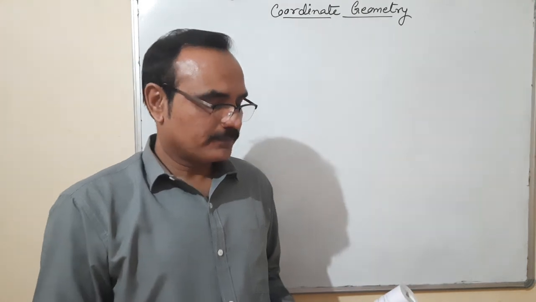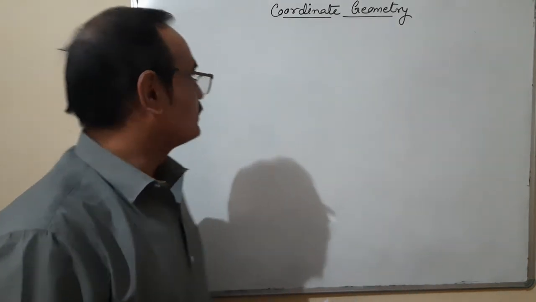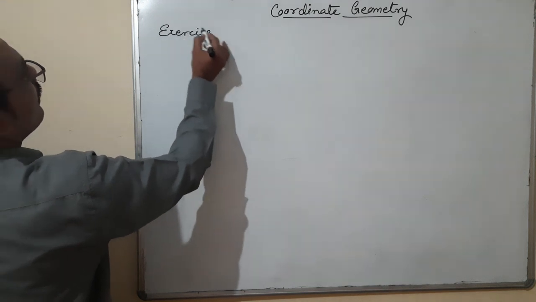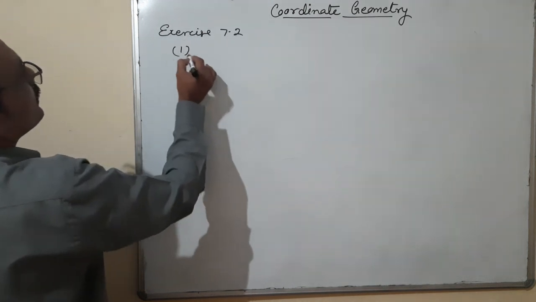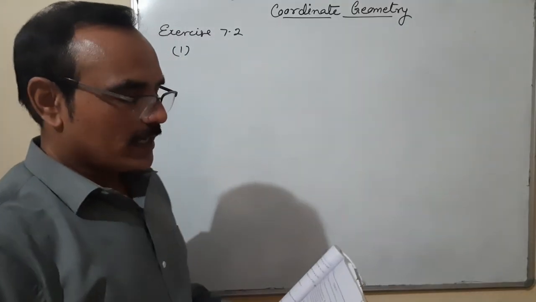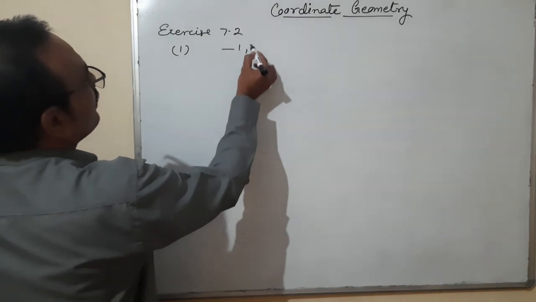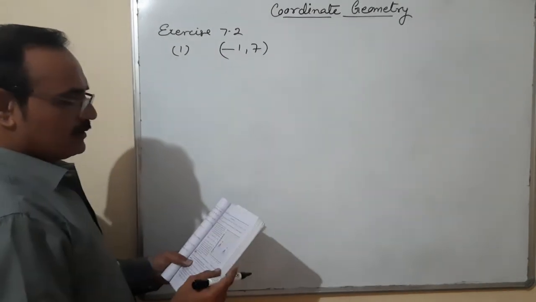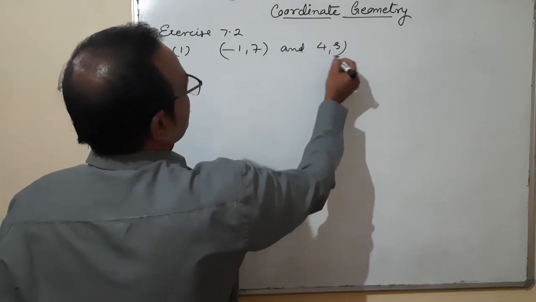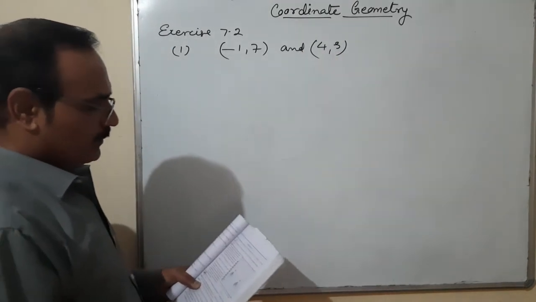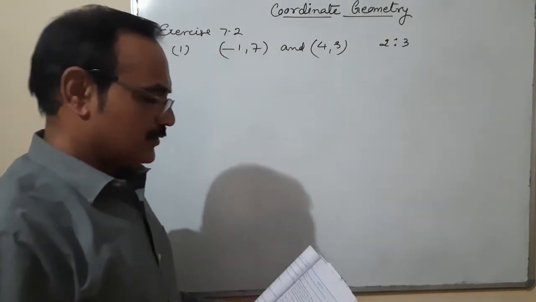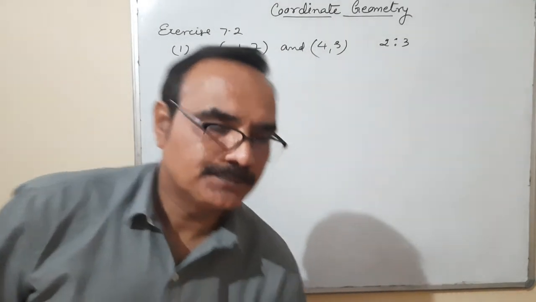Question number 1. Find the coordinates of the point which divides the line joining (-1, 7) and (4, 3) in the ratio 2:3. Find the coordinates of the point.